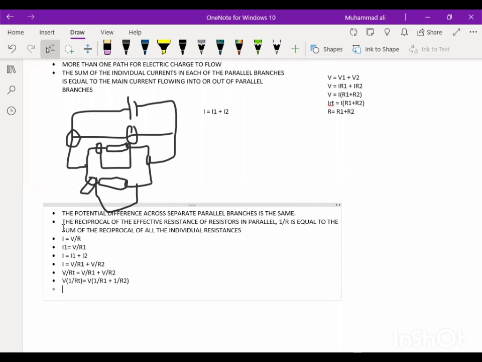So now I can easily cut off V because it's the same, right? So now what I'll have is 1 upon R total is equal to 1 upon R1 plus 1 upon R2.